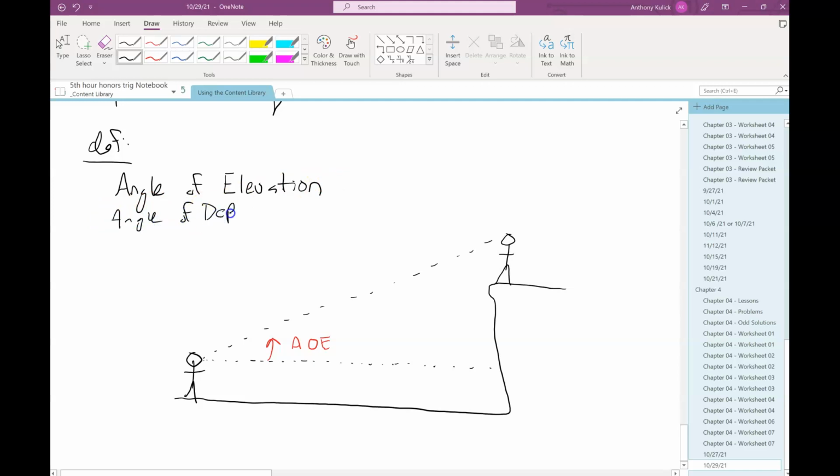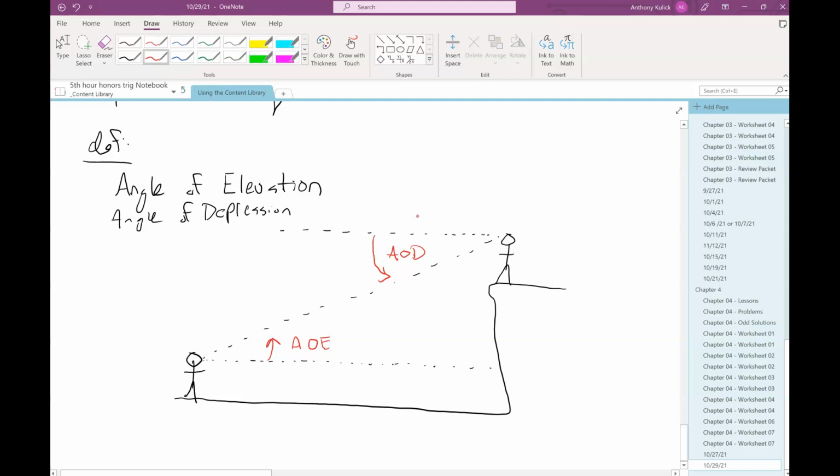The opposite is the angle of depression. So imagine you're the person on the cliff. Your line of sight is straight forward. And if you tilt your head down to look at your friend, that's the angle of depression.